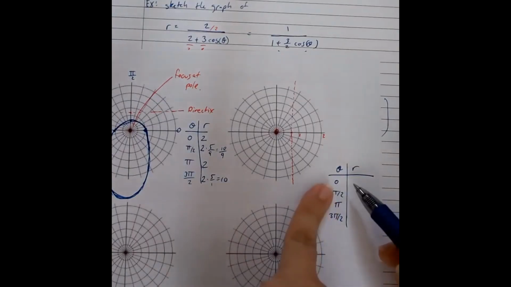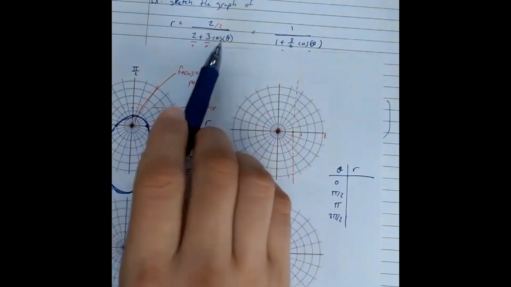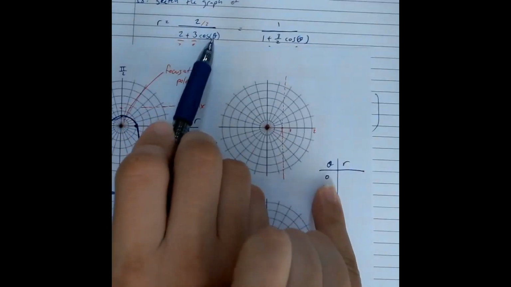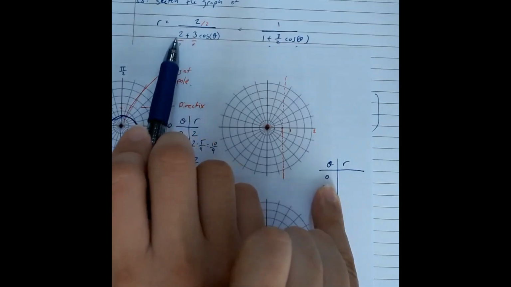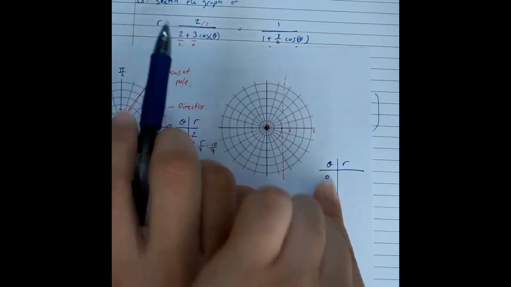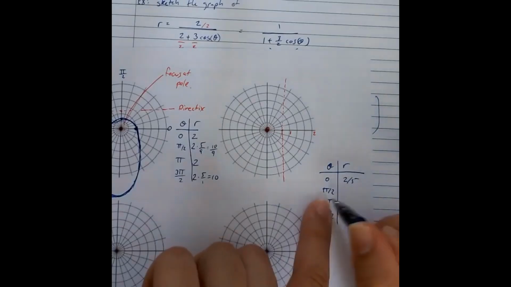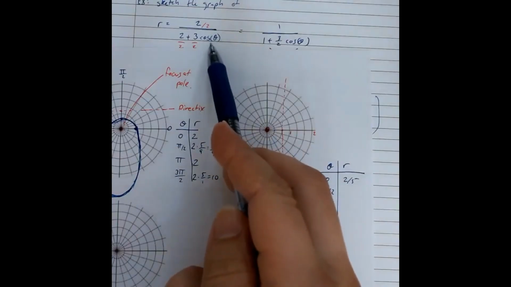So here, if we plug in 0, the cosine of 0, let's go ahead and do it on this one. That way we don't have to deal with fractions as much. So here, the cosine of 0 is 1. 1 times 3 is 3, plus 2 is 5. So 2 over 5. Okay, so 2/5. If you use pi over 2 right here, the cosine of pi over 2 is 0.